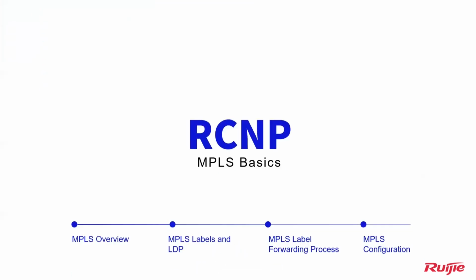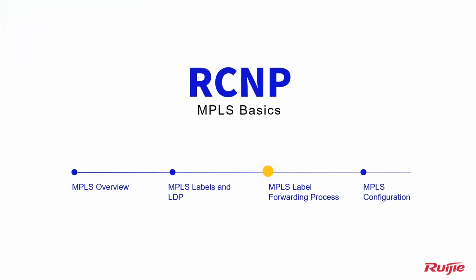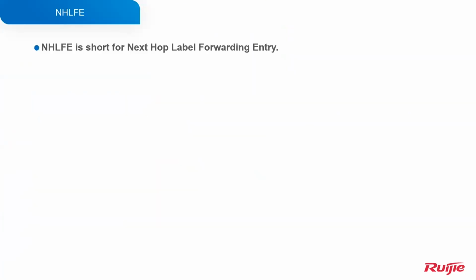If we already have the label table, then how to forward it. This belongs to the forwarding plane. About the forwarding process: if we already get the label table for all the routers, how do we forward the message? In the forwarding plane, we have one concept called NHLFE.